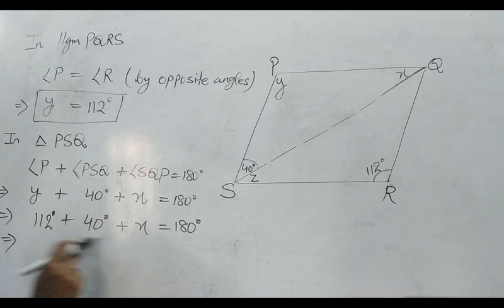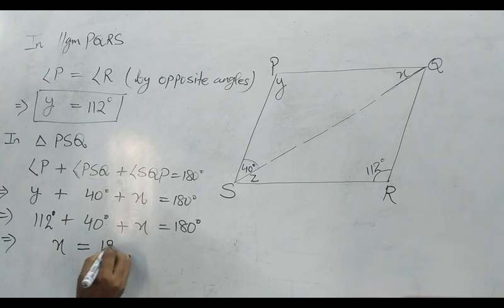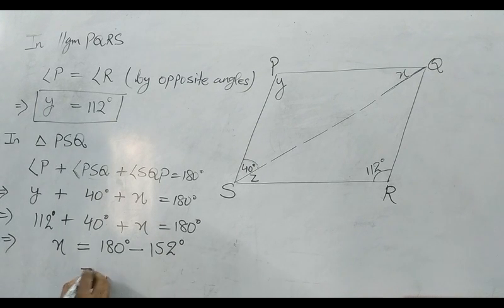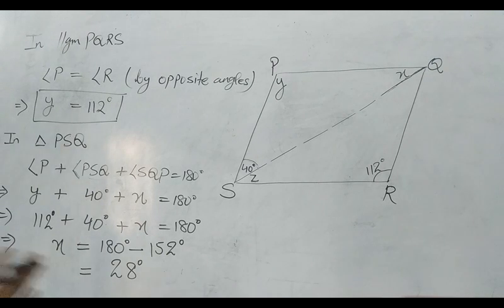Now add them and send to the other side. 180 degrees minus 152 degrees. So now subtract them. So what do we get? 28 degrees. So the value of x we have found is 28 degrees.